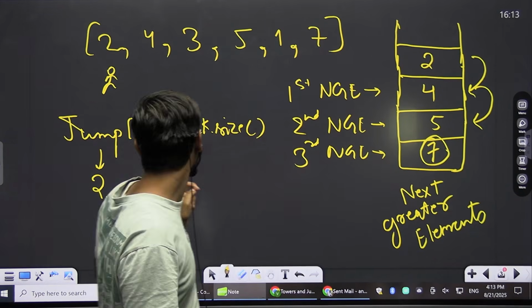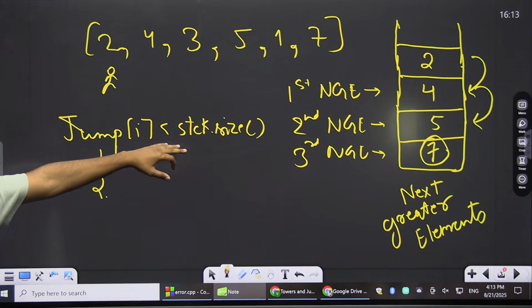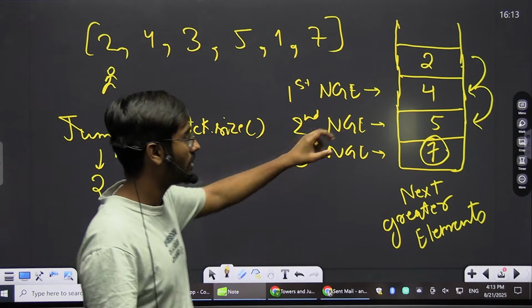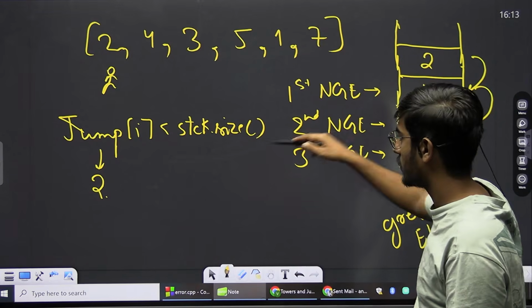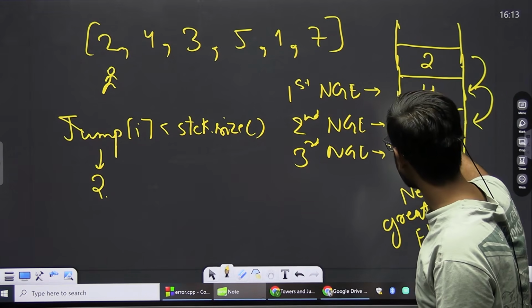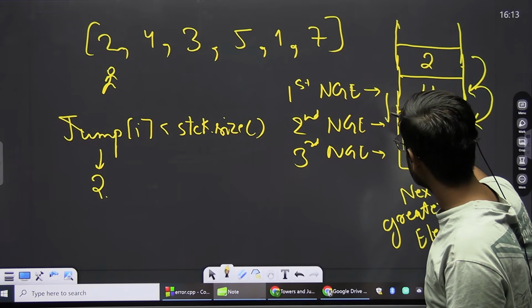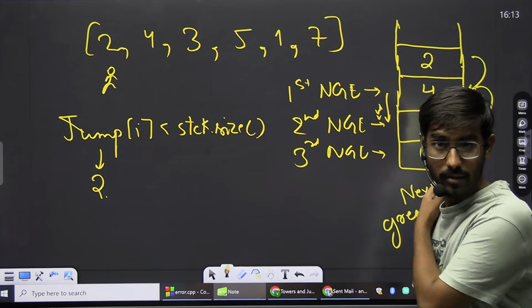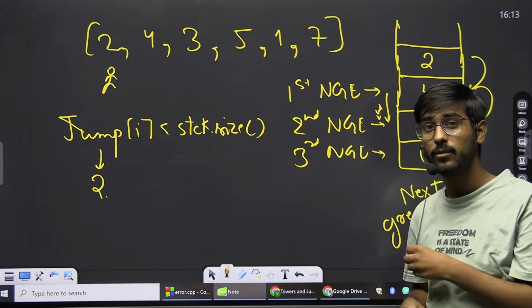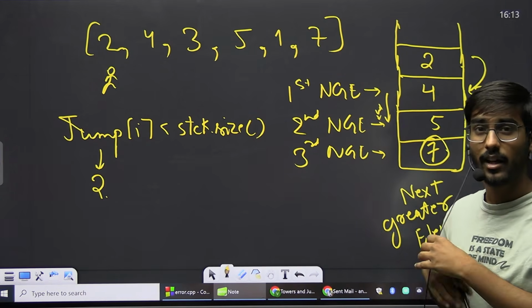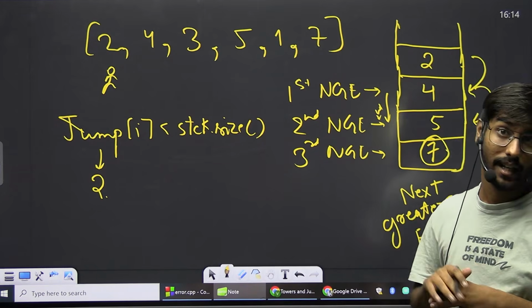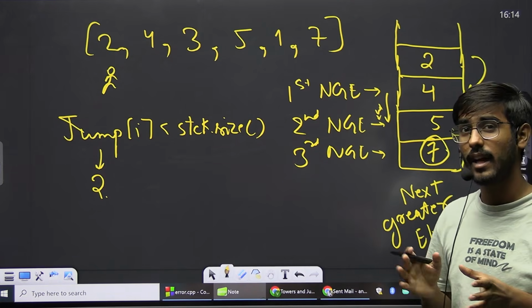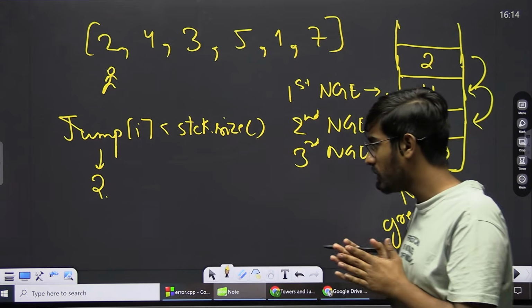So if I say jump I is less than the stack size, then directly access the jump I element, like if it is 2, just check the second element from the top of the stack. That will not be possible, because I would have to first pop off an element, and then again for the next building for which I will be calculating, I would have to push again. That we cannot do.